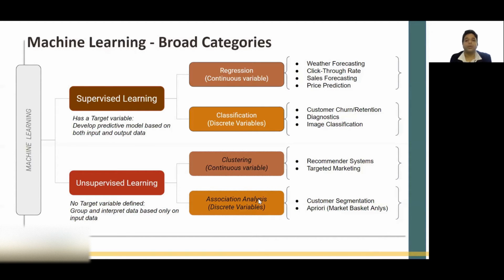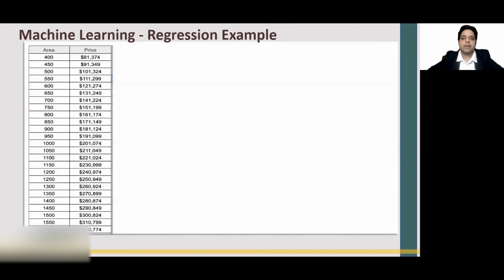And there are use cases associated with each of them. In the next few sessions, we're going to focus on supervised learning, and we will predict and write algorithms for regression, linear regression. Let's look at a real-life example of area and price. Please note that this area and price is a test data set.